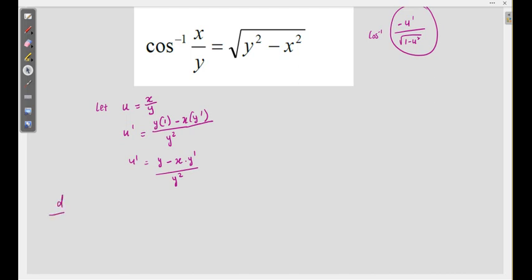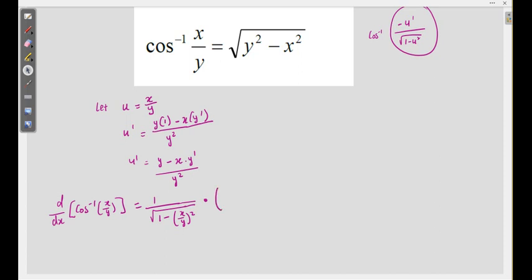So for cos, the derivative of cos with respect to x, remember your notation as you are working is also very much key. So the derivative of this will be negative of 1 all over the root of 1 minus u squared, which means 1 minus (x over y) all squared, multiplied by the derivative.